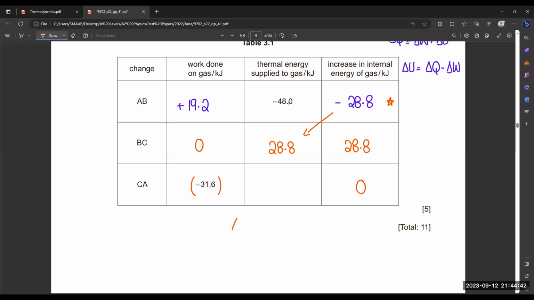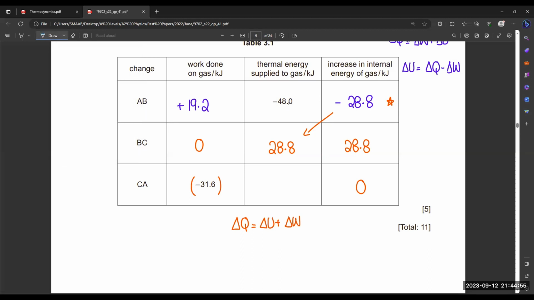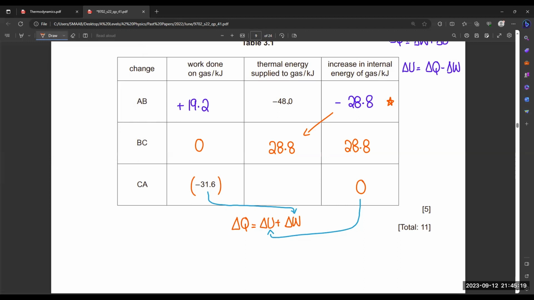According to the first law of thermodynamics, from part C to A, we can easily identify that there is a value of work done, and internal energy is zero. So what will be the thermal energy supplied to the gas? You can easily identify it now. 31.6, because there is no change in internal energy.